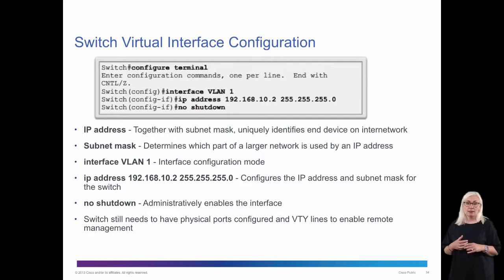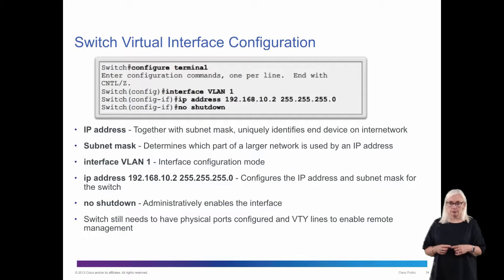And then we give it an IP address with the command ip address, and then the IP address and the subnet mask. And we do a no shutdown. No shutdown is to enable the interface, or to open it up. All interfaces are by default closed. So if we want to open them up, we do a no shutdown.